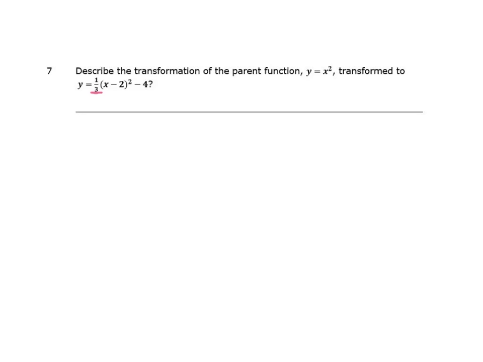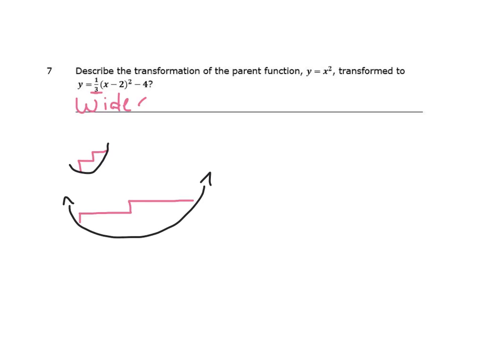So 1/3 means it's becoming wider. Remember, I compared this to the slope of a linear function, up 1/3, up 1/3, as opposed to up 1/1. This graph from the parent function compared to this one has become wider.